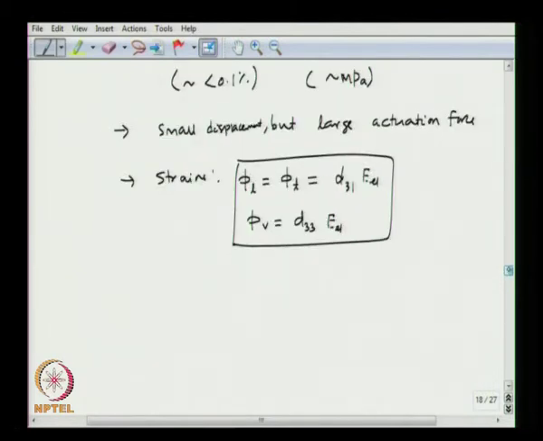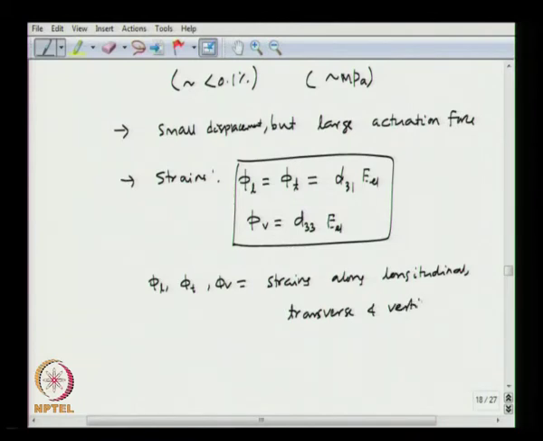So, these are phi L, phi T and phi V, strains along longitudinal, transverse and vertical directions, and this is the electric field.